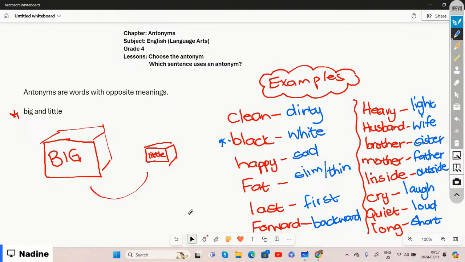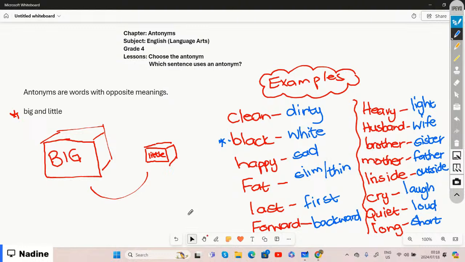Just think of if you are standing in a line with other students, right? Someone stands in front, someone stands at the back, someone stands behind, someone stands in front. So that means they are the opposites of one another. Something can either be extremely heavy or it can be as light as a feather.